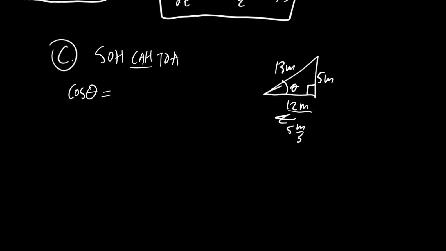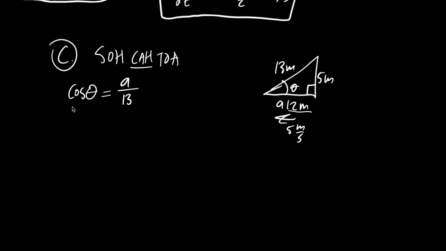I'm gonna rewrite this so that we can actually use it. It's not a constant. So this is A, this is the hypotenuse. So we can rewrite this as A over the hypotenuse, which is 13 meters, since that's always going to be constant. It's always going to be 13 meters, but A is going to be changing.